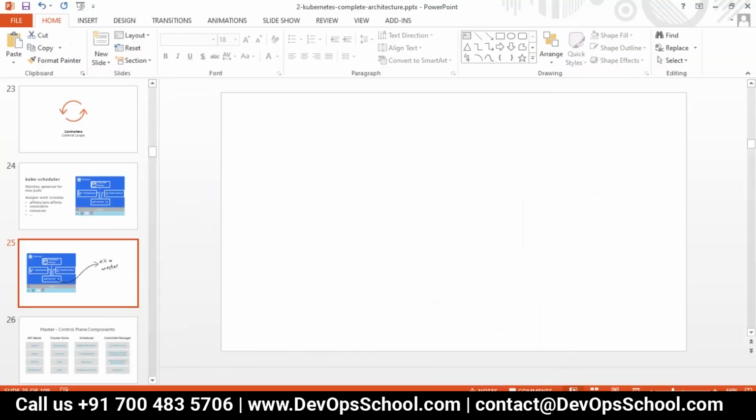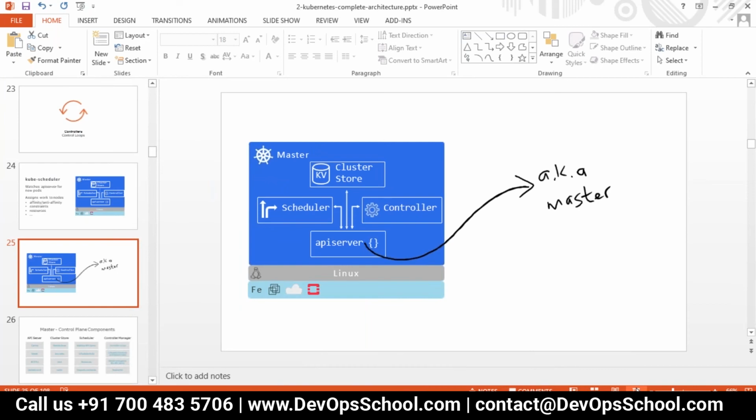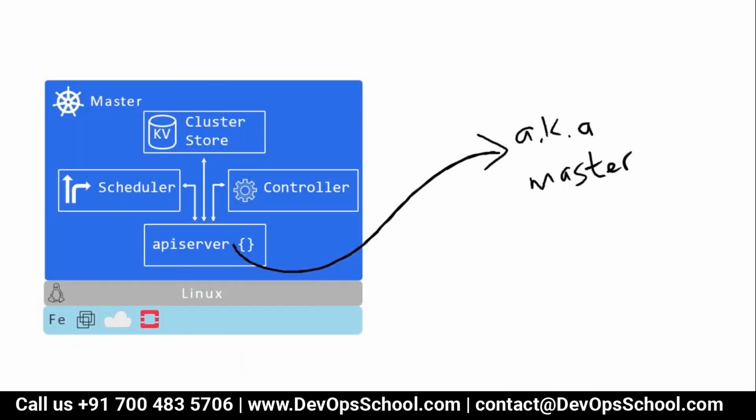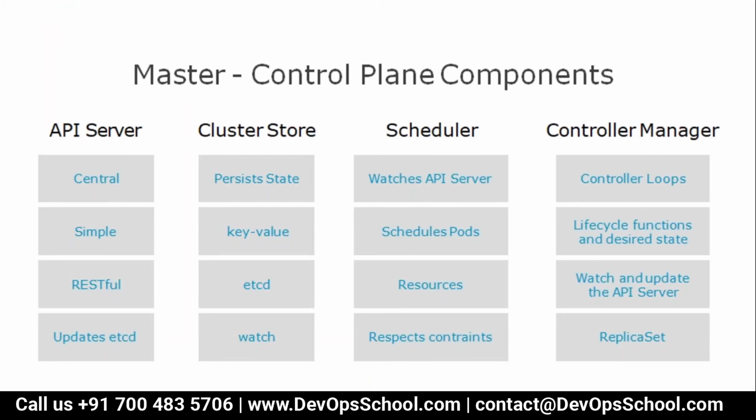So this architecture is beautifully designed, and these are called master components, also the control plane components. It has 4 important components: API server, cluster store, scheduler, and controller manager. The API server is central, a simple RESTful API, and it updates etcd. The cluster store is your persistent storage.